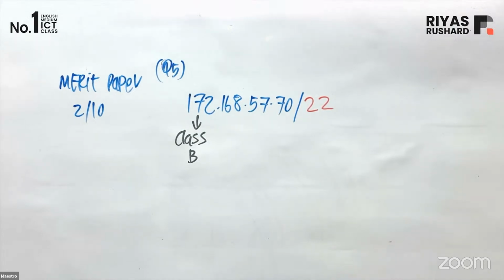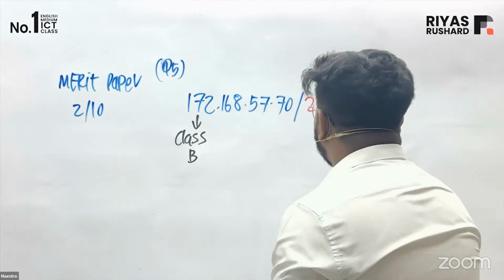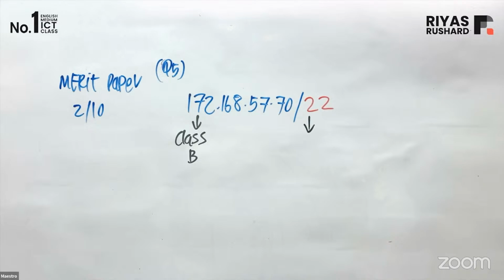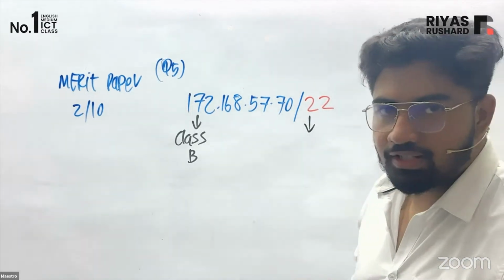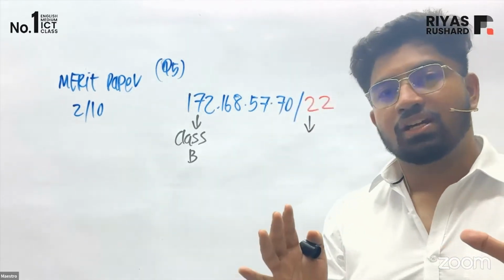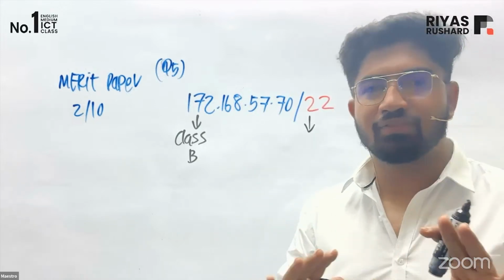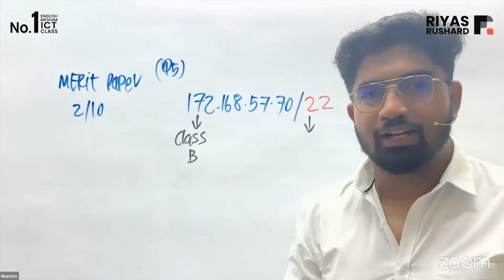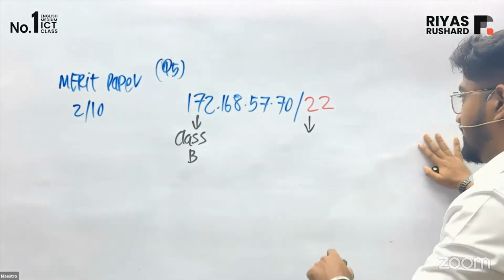The default one is class B. What about the default CIDR notation? Let's go for the default first. Class B, IP addressing basics, everyone should know it. You have to learn IP addressing from the start. It is /16.